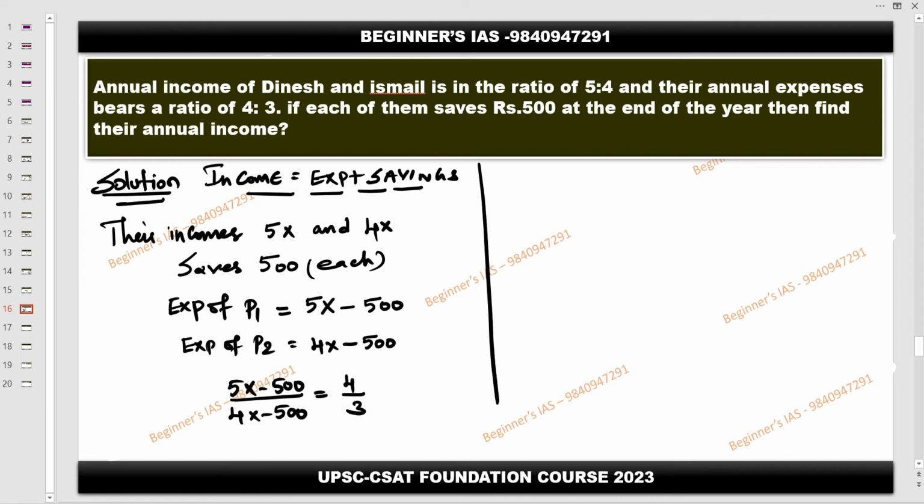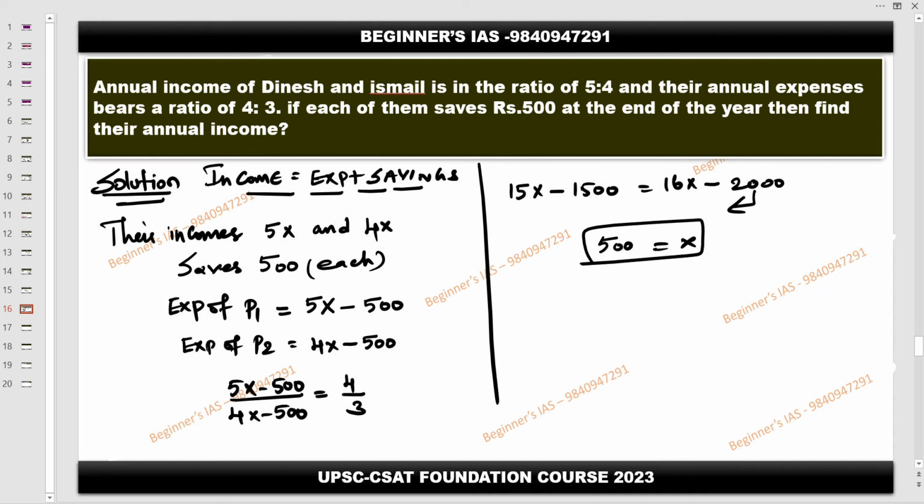Now cross multiply. 15x minus 1500 equals 16x minus 2000. Therefore x is equal to 500. The question is, what is their annual income?